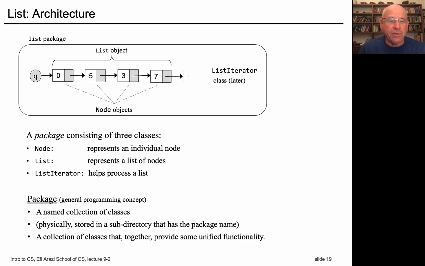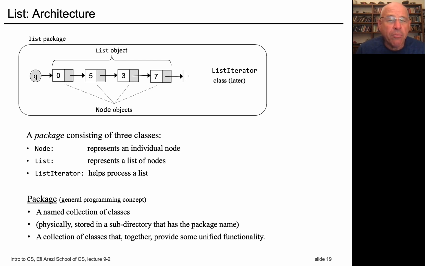And the package is a general concept, which is unrelated to lists. You can put any bunch of classes that you want together. It's a little bit like the notion of a folder. Create a folder, you give it a name, and it's much more than a folder. But actually, in reality, when you create a package of classes, Java will actually store it in the same folder, which will have the same name.